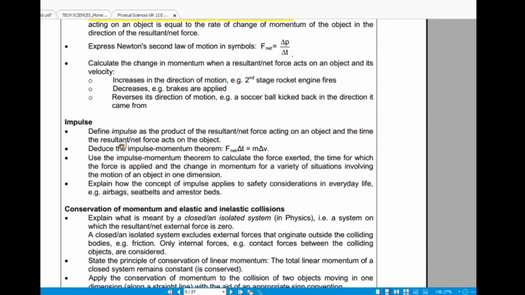Then we went through the definition of impulse, and the impulse momentum theorem, which is this formula here: F net times delta t is equal to the change in momentum.